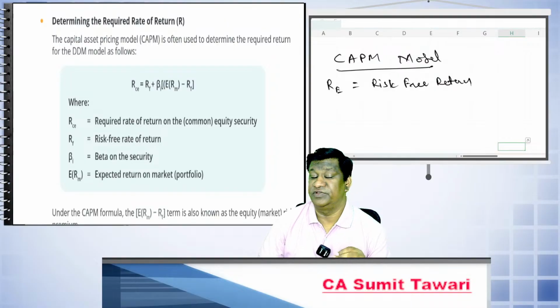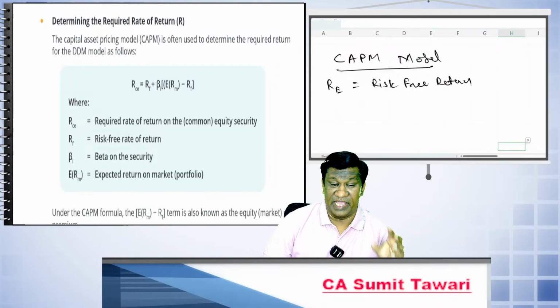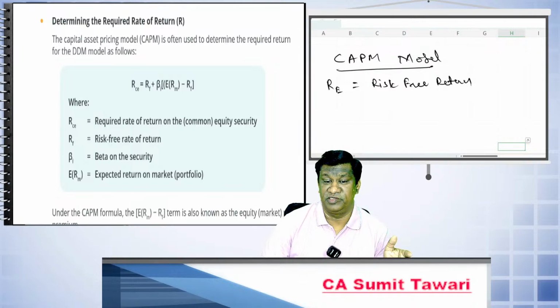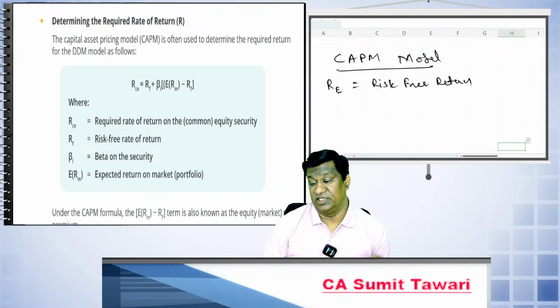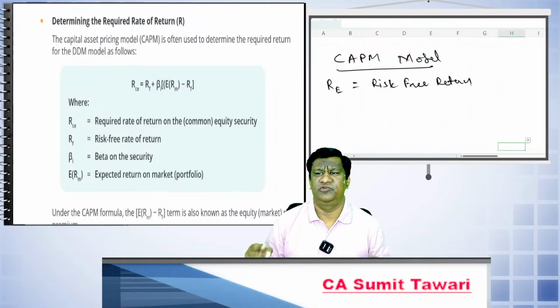Like if you invest in an FD or in any security which is backed by government insurance, whatever interest they are giving, that is basically my risk-free rate of return. Okay, there is no risk at all. You will get your money.